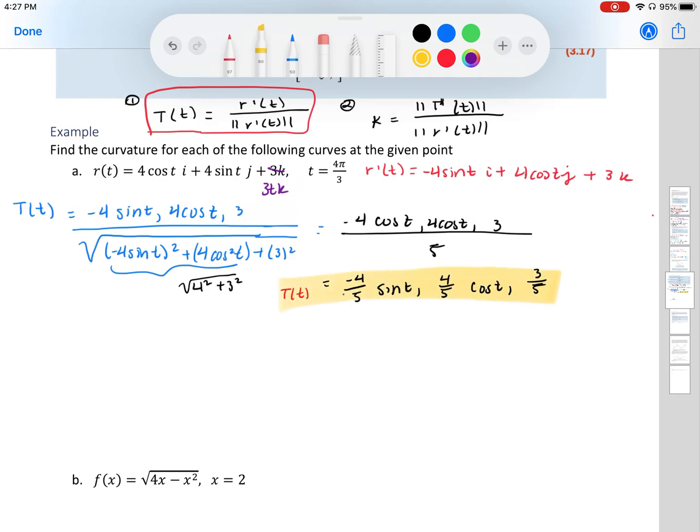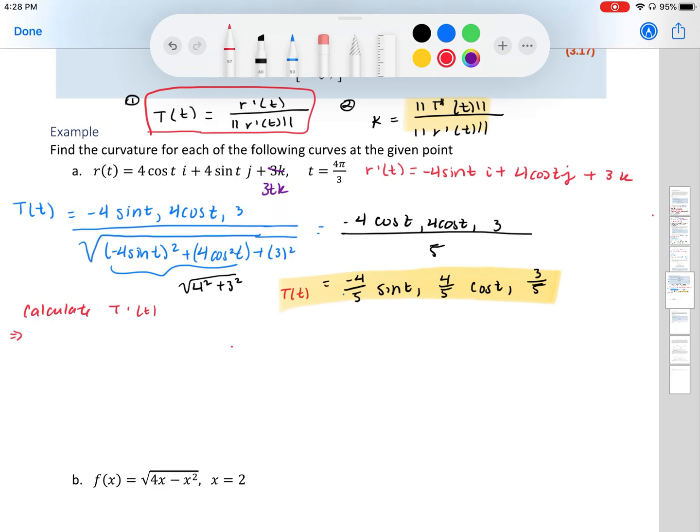That's our answer. We're going to use that to find our curvature, which is made up of T prime of t divided by r prime of t. Okay, so now to calculate T prime of t.